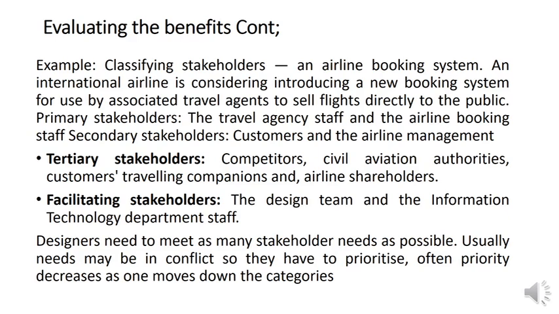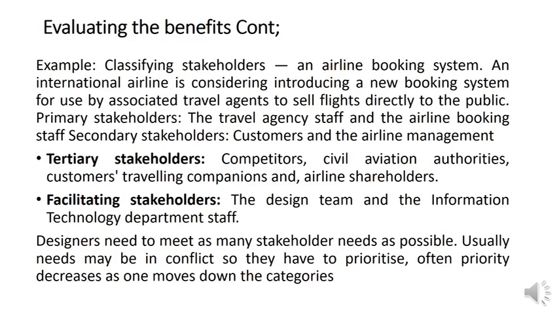Then the secondary stakeholders are customers and the airline management. Then the tertiary stakeholders are the competitors, civil aviation authorities, customers' traveling companions, and the airline shareholders. Facilitating stakeholders are the design team and the information technology department staff.